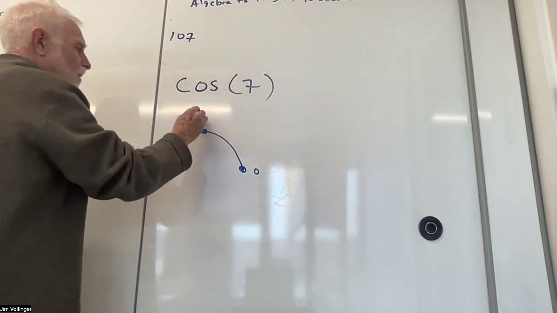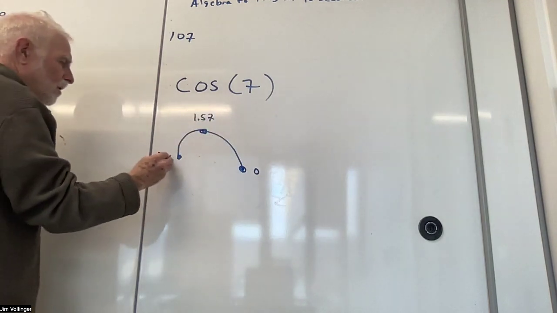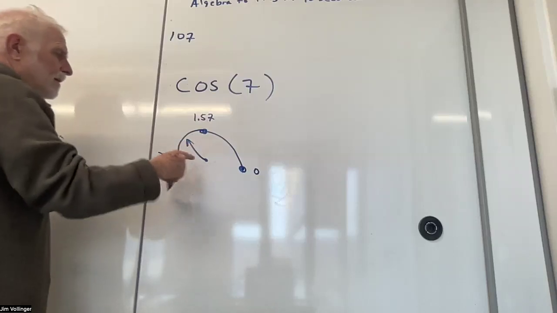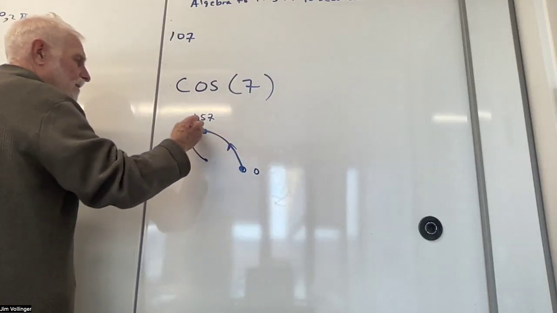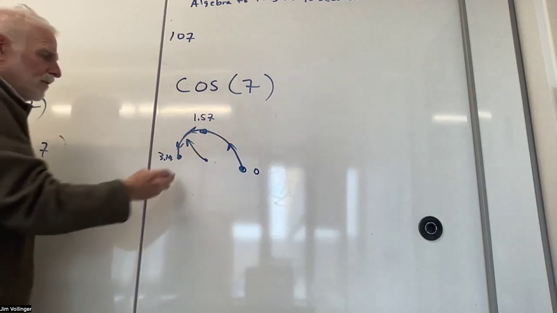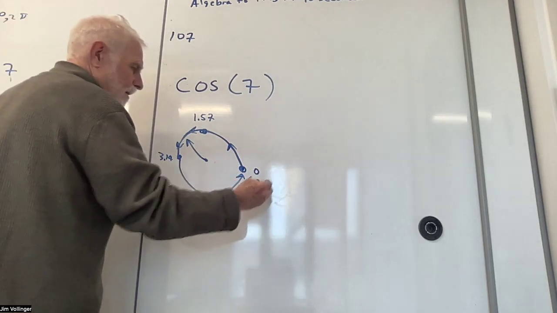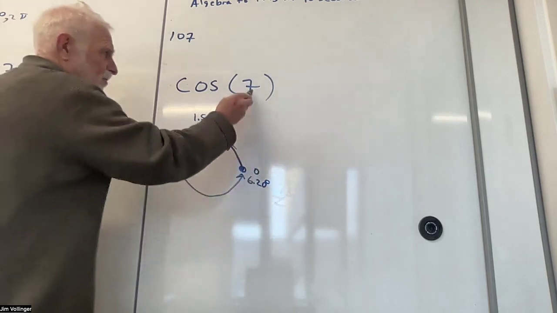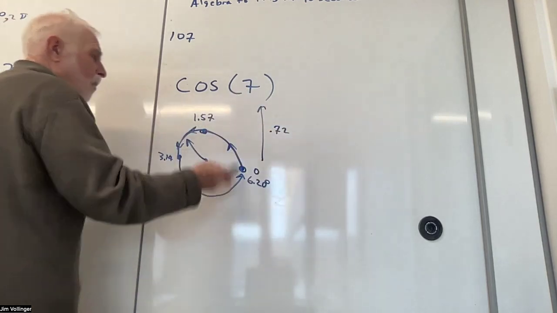Pi over 2 is about 1.57. 2 pi is 3.14. I'm doing radius lengths. It takes 3 and a little more than 3 of these. There's 1, there's 2, there's 3. 3.14 is a little further. 6.28 all the way around. And I've got to go from 6.28 to 7, which is 0.72 radians more.